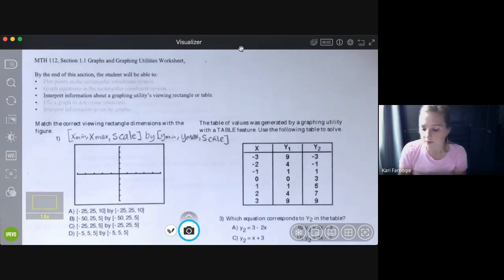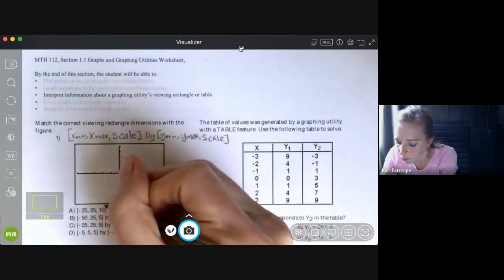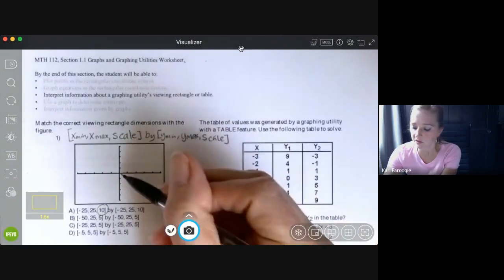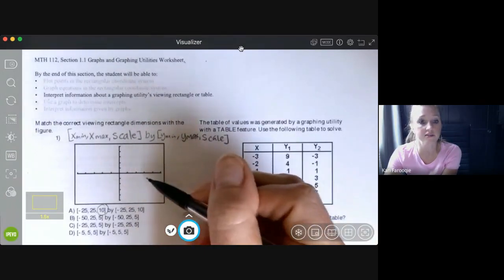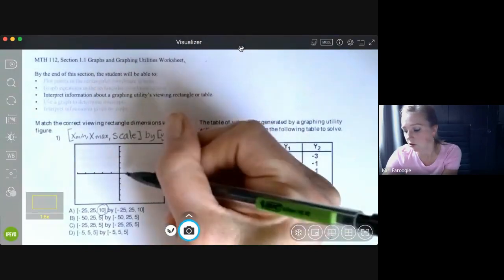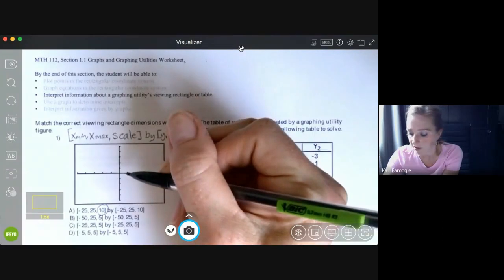So looking at your options here, if your scale was 10, that would mean that each one of these tick marks represented 10 units. Now, if that was the case, and you could just start by looking at one dimension, let's maybe look at what's happening on the x-axis.